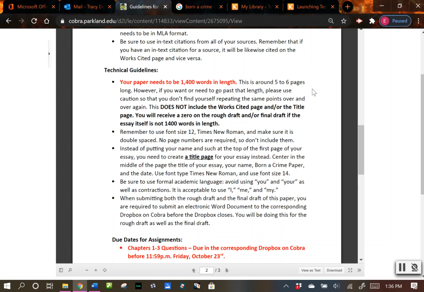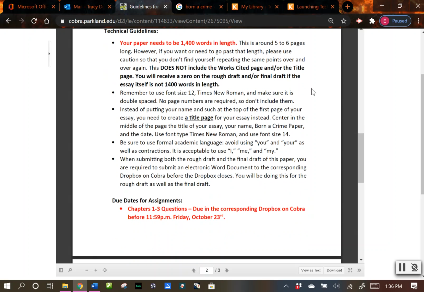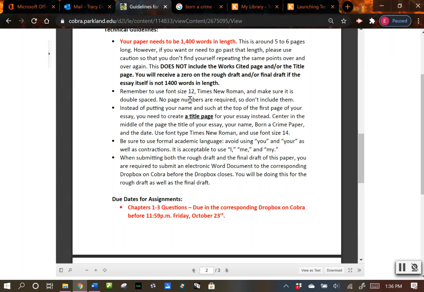For this paper, it's going to be 1,400 words in length. Your first paper was 1,000, so we're going to bump it up to 1,400 words. That does not include the works cited or your title page, just your paragraphs. Typing guidelines: use font size 12 Times New Roman, and make sure it's double spaced. No page numbers are required.